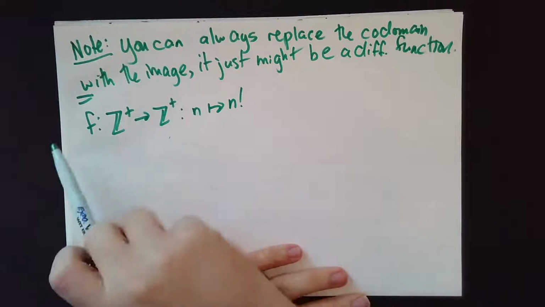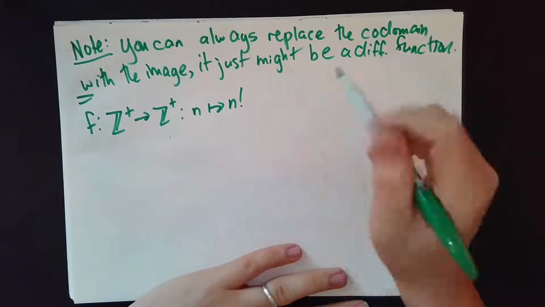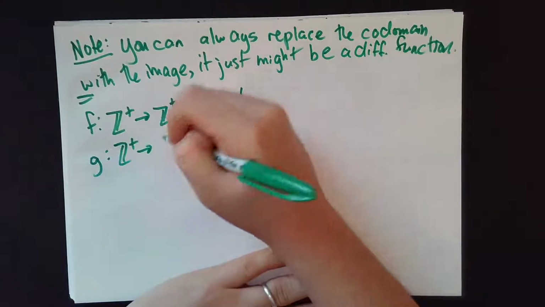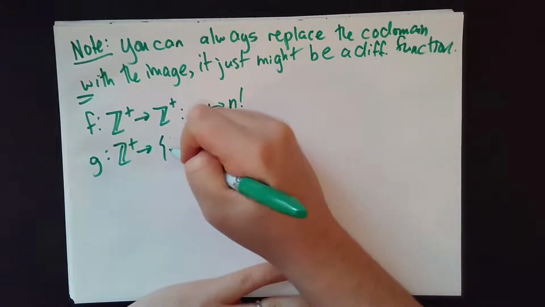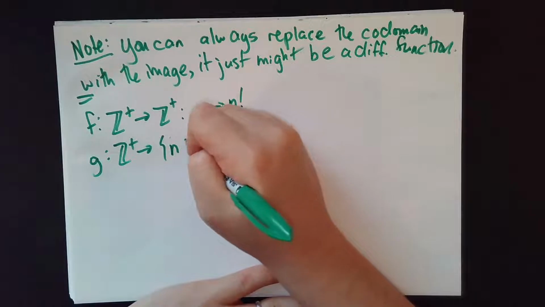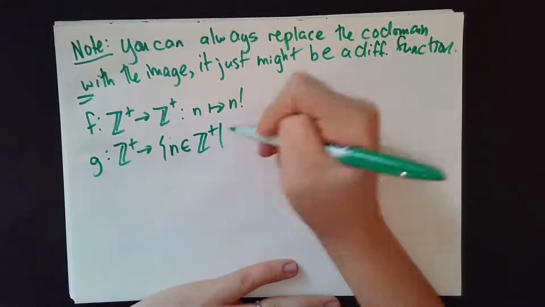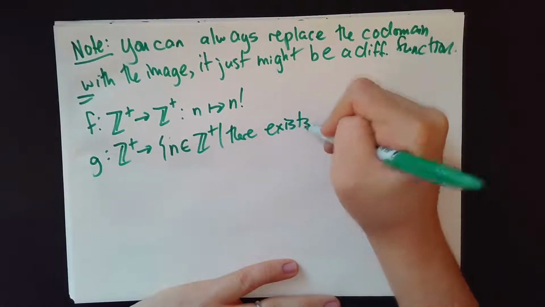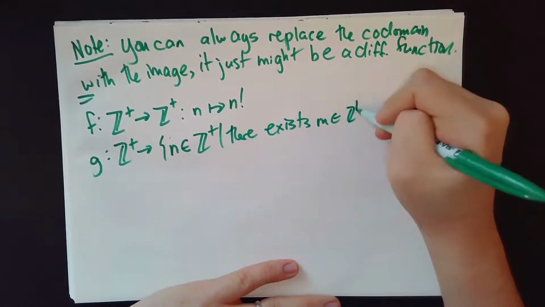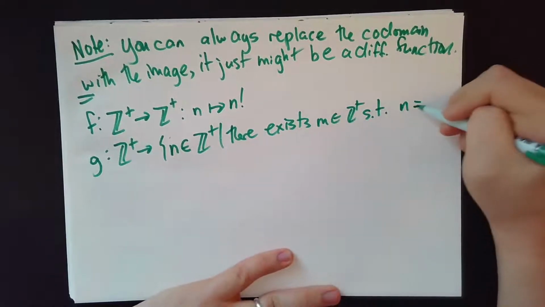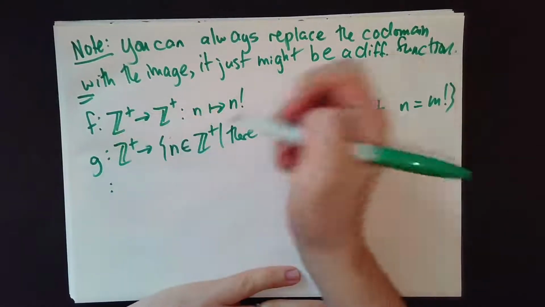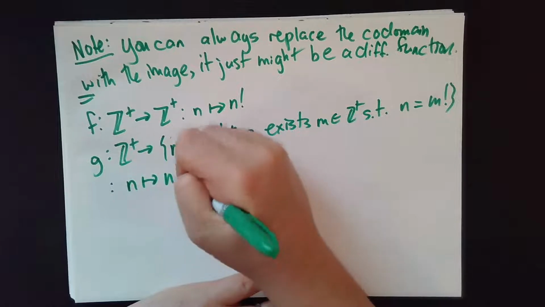And if I tried to write this down, it would look really ugly if I had to write this as the set of n in Z plus such that there exists m in Z plus such that n is m factorial, that takes some number n to n factorial or whatever.